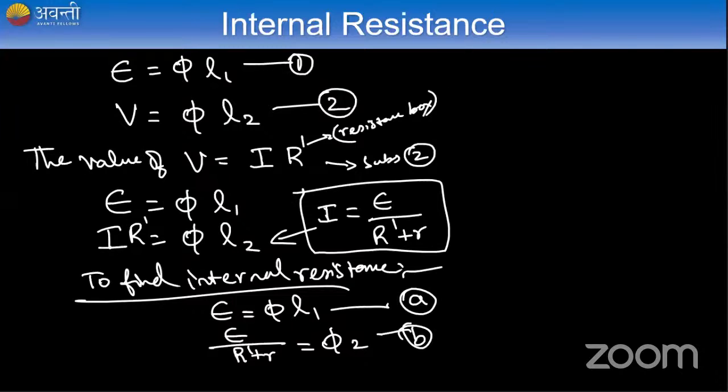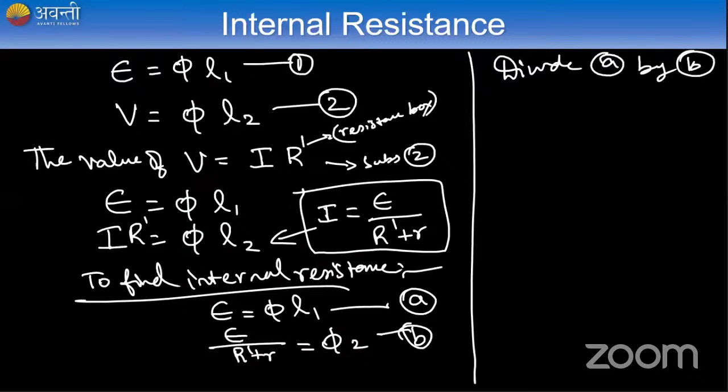Guys, are you following? Okay. Divide A by B. So you'll get epsilon is equal to epsilon upon epsilon by R dash plus R, into R1, into R dash is equal to L1.